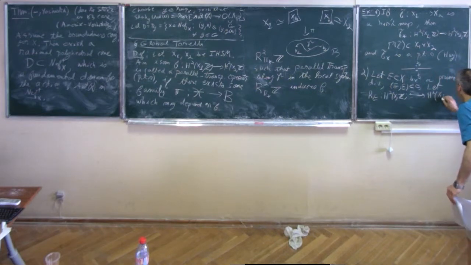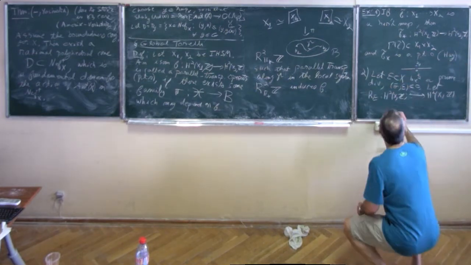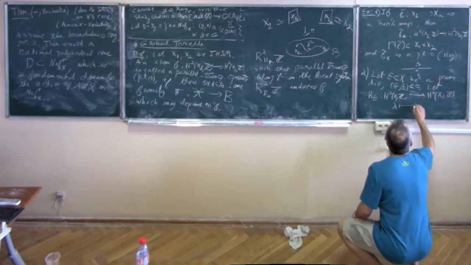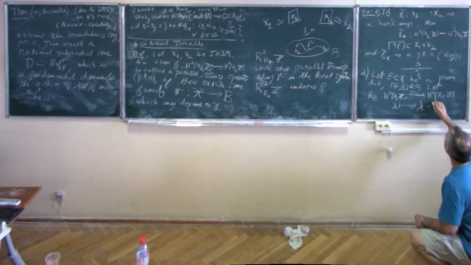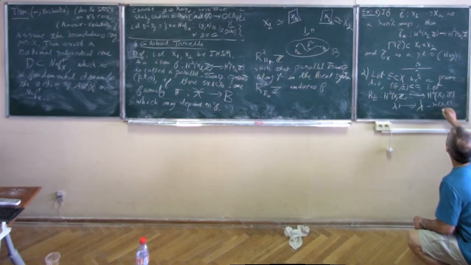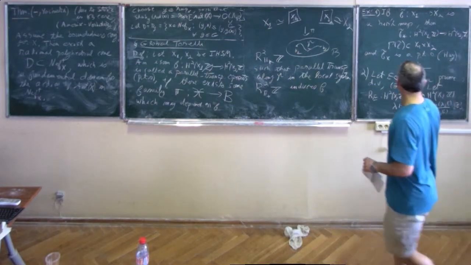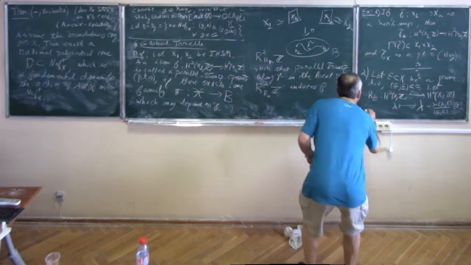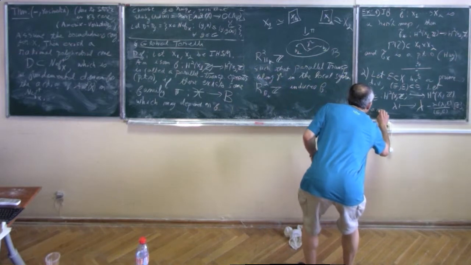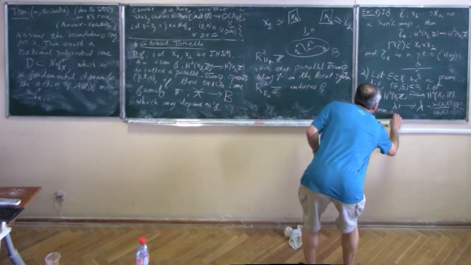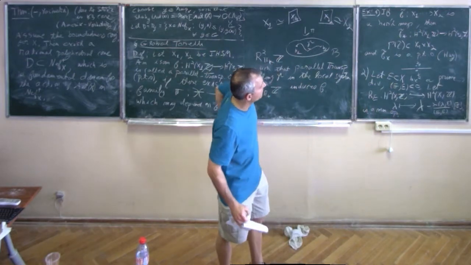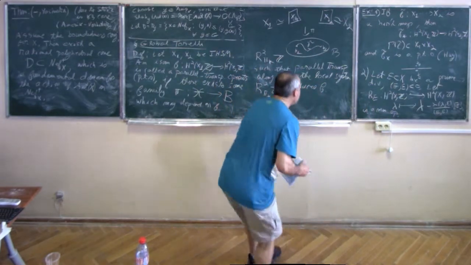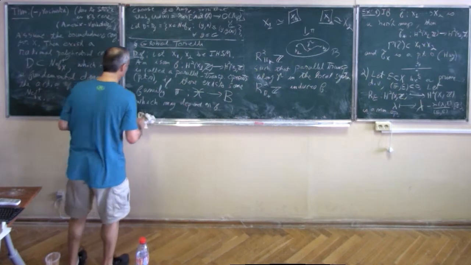Part of the statement is that it's in fact integral. This sends a class lambda to lambda minus 2 lambda E over EE, times the class of E. So this acts by minus 1 on E and by plus 1 on the orthogonal complement. And this is a monodromy operator. It's a parallel transport operator from X to itself. That's a theorem of mine using work of Druel and Namikawa.